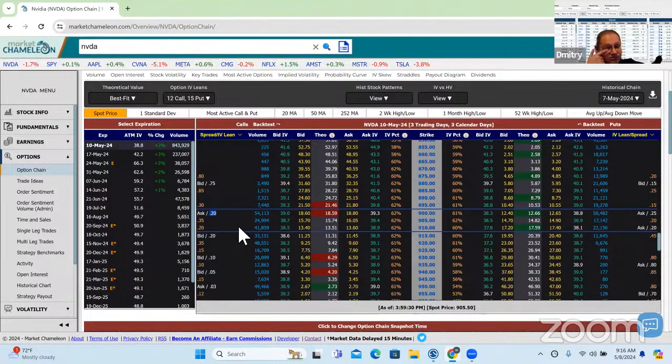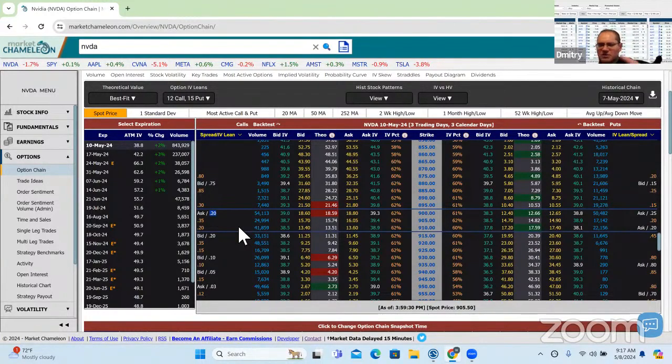So now we have a lot of them right here on the board. NVIDIA, you would think there would be a lot just because we just established that this is the most active options in the market above SPY, if we measure it in dollar terms of options traded.